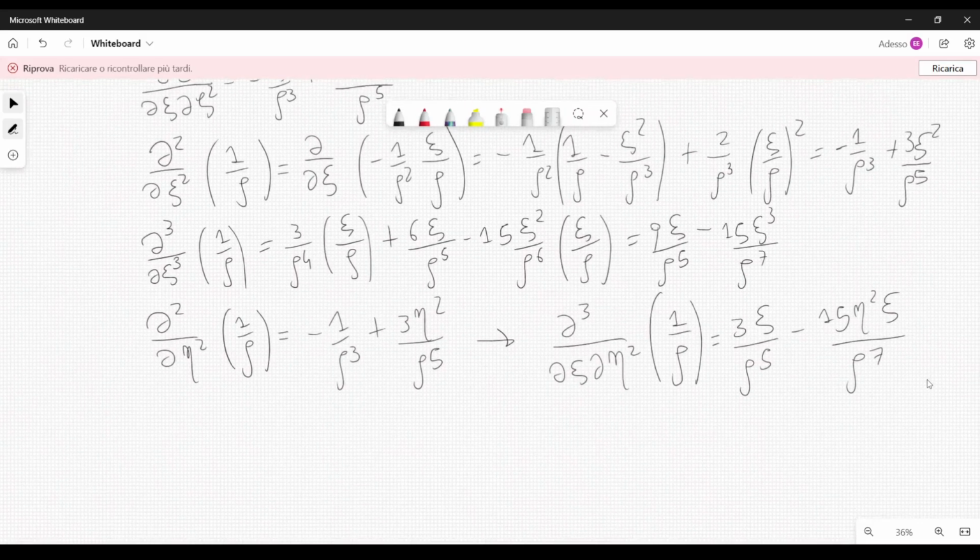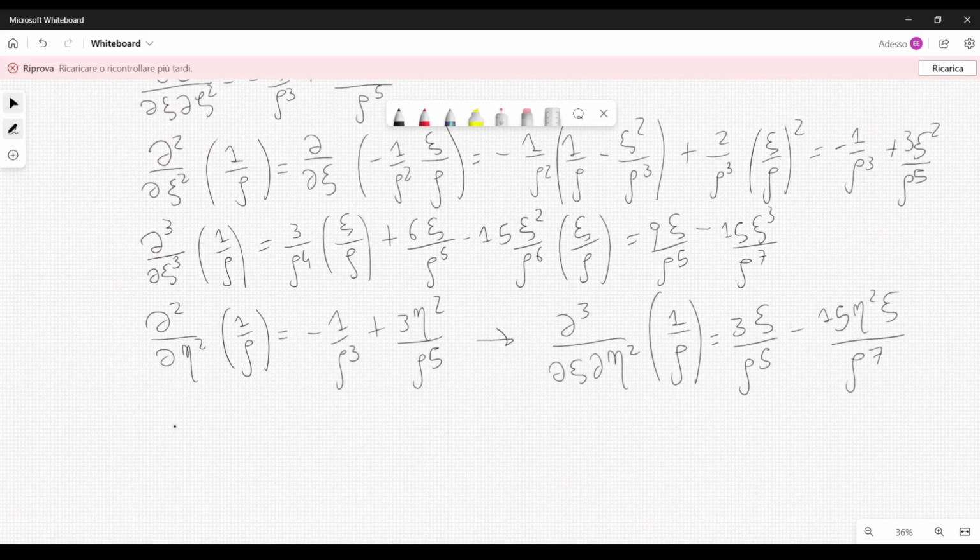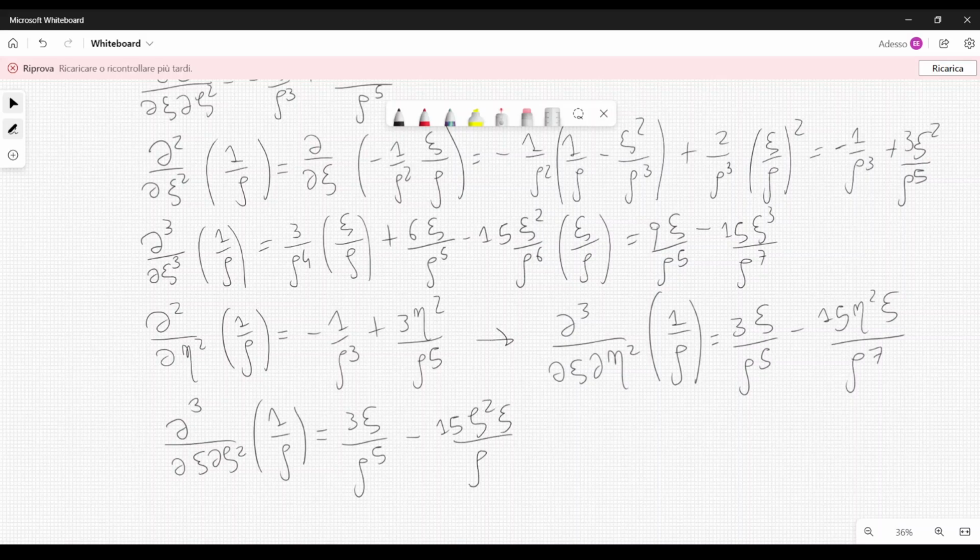From here, we can also find the expression d cubed d xi d zeta squared of 1 over rho, which is equal to 3 xi over rho to the 5th power minus 15 zeta squared xi over rho to the 7th power.